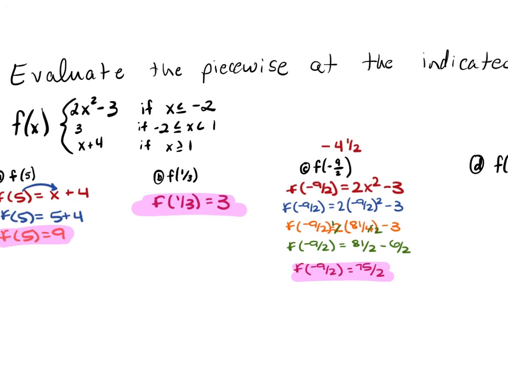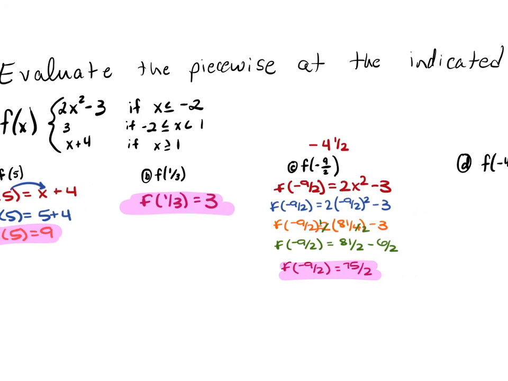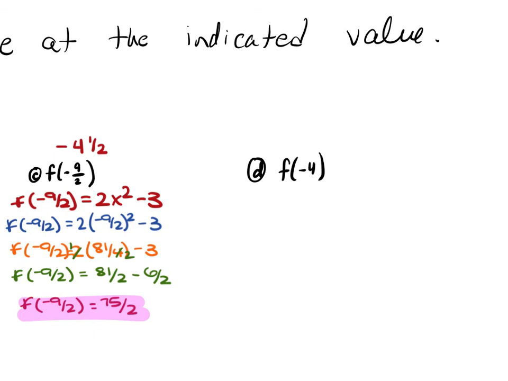For D, we're given f of negative 4. So plug it in. Is negative 4 less than or equal to negative 2? Yes. Use the 2x squared minus 3. So f of negative 4 is equal to 2 times negative 4 squared minus 3.